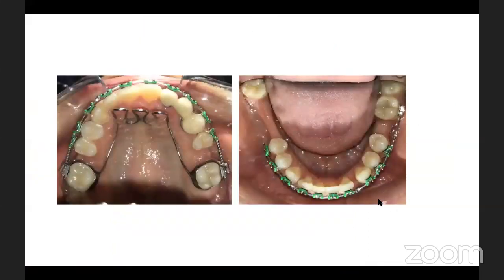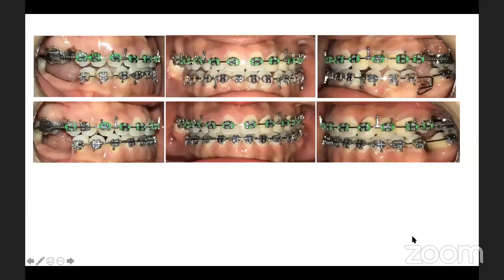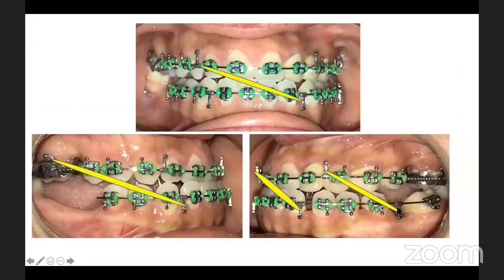It became difficult for me to engage the elastic over here because I didn't want too much of a horizontal vector. So I decided to place a small crimpable hook and use that as my anchor for the elastics. And of course, when you do this, you tend to slide the wire forward, and that's why I had to flush this crimpable hook with this lateral incisor in order to prevent the sliding of the wire ahead.